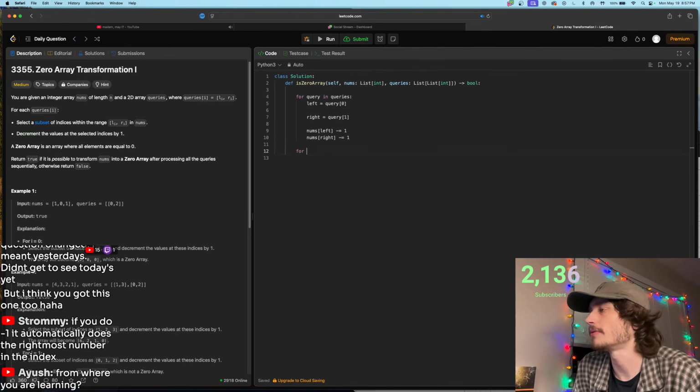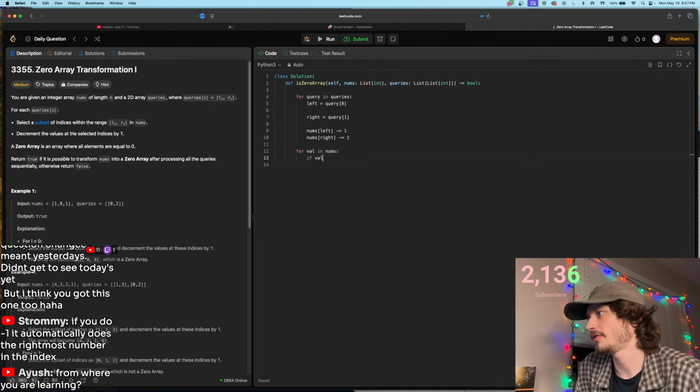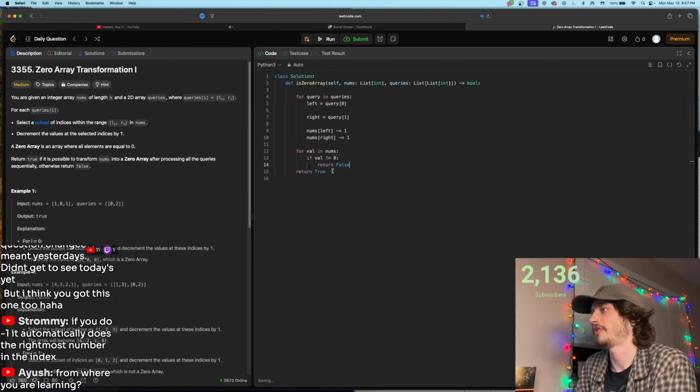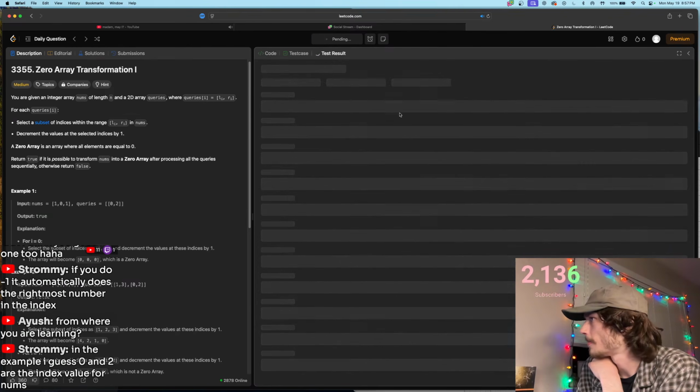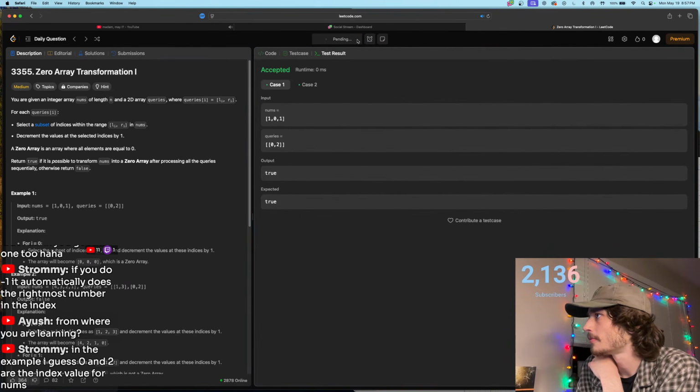We have to say for value in numbers, if value is not equal to 0, then we're going to return false. Else we're going to return true at the end of this loop, meaning we found them all. Stromy says in the example I guess 0 and 2 are the index values for nums.